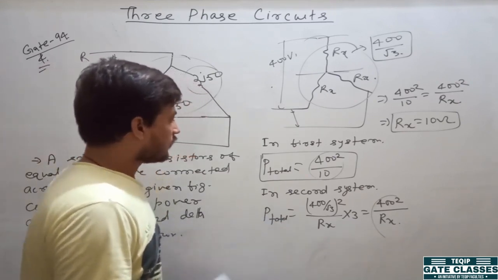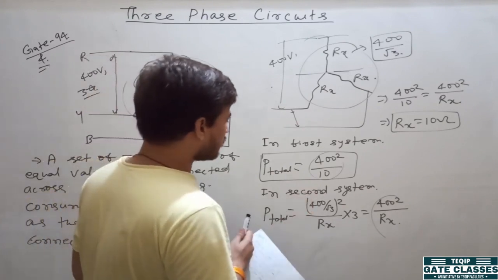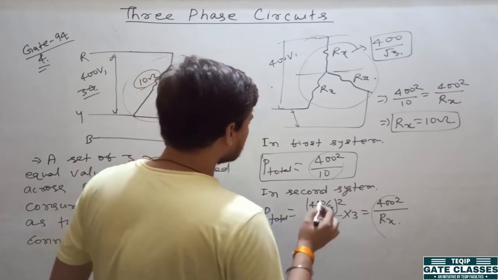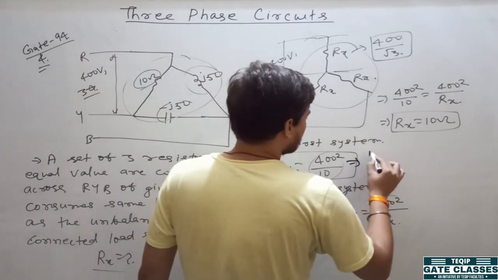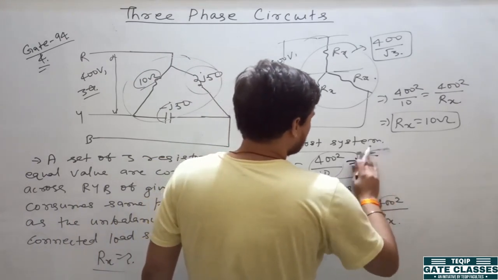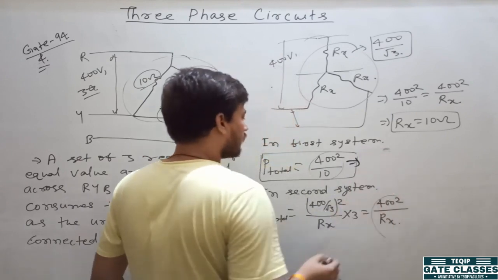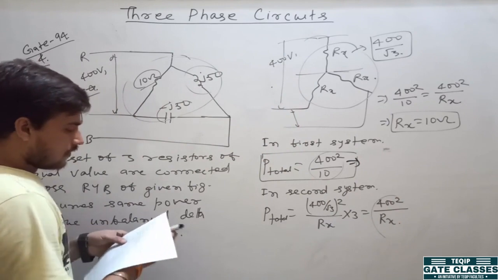So if here you are calculating Rx, suppose here what do you write? Here you will see it is equal to 1600, or it will be 10 ohm simply. It will be 10 ohm. Clear? It will be 10 ohm.